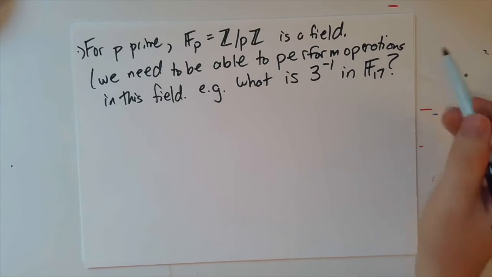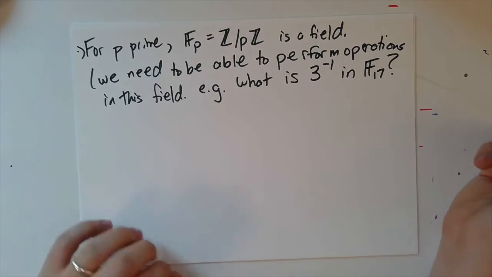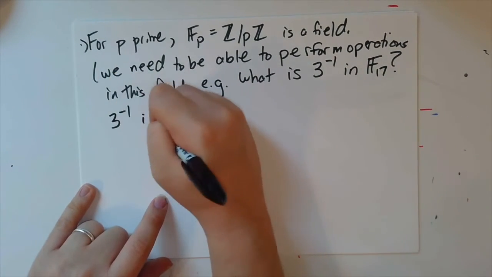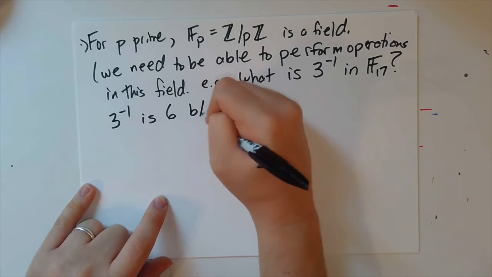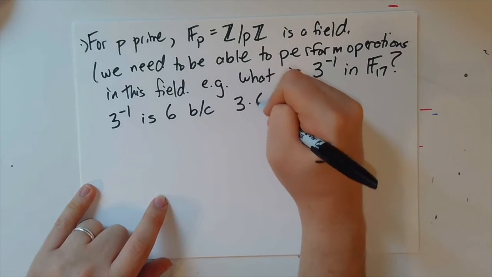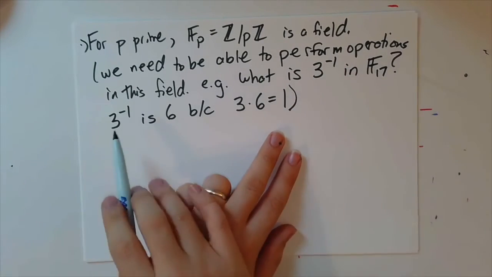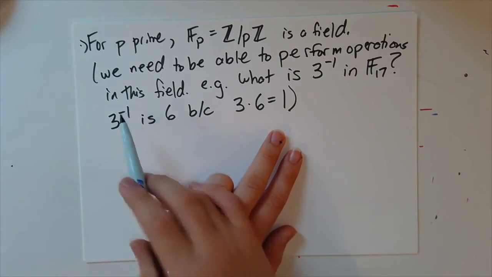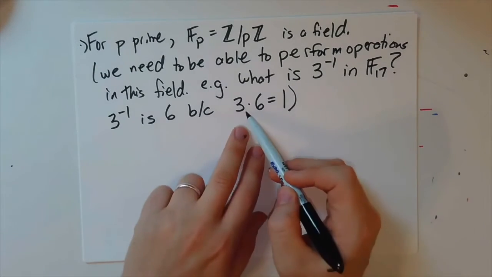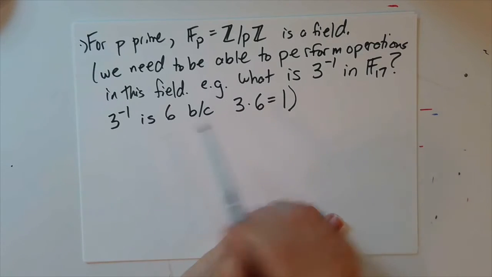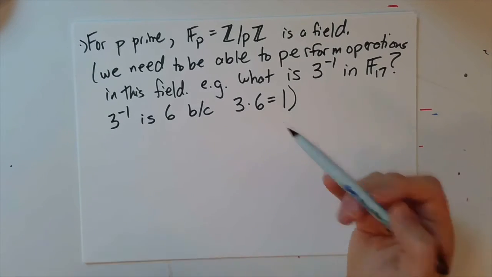Well, 3 inverse in F_17 is 6, because 3 times 6 is 1. And 3 inverse is just the thing that you multiply by the number to get 1. So similarly, 6 inverse is 3.